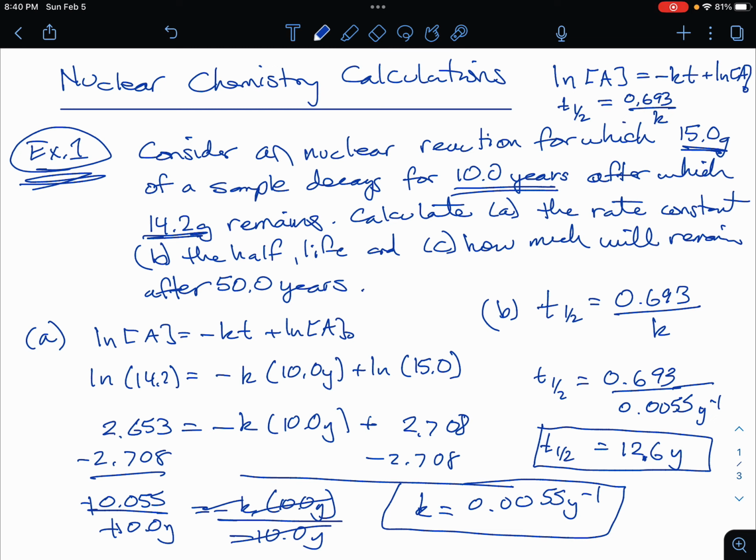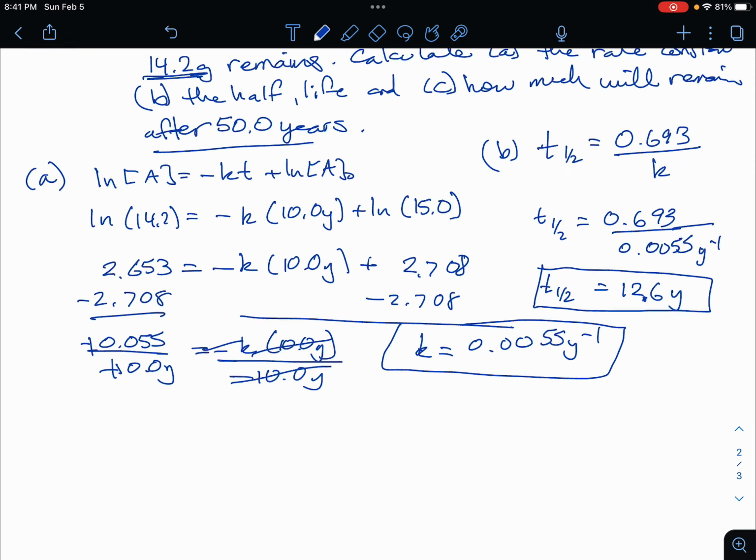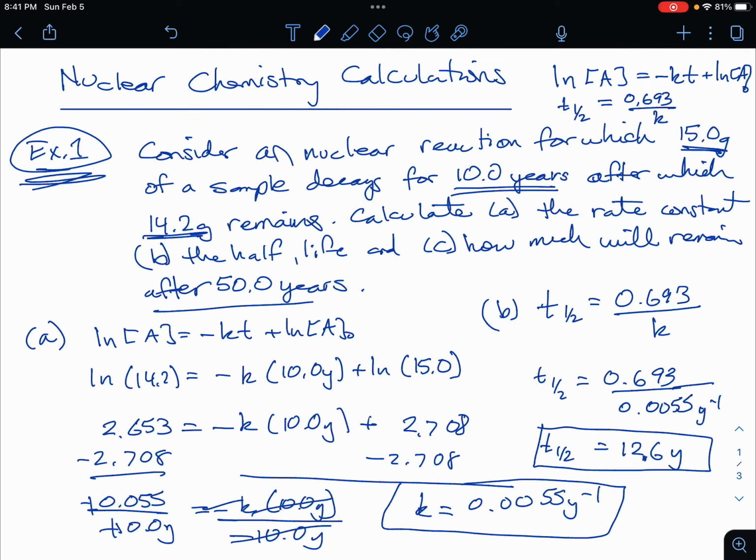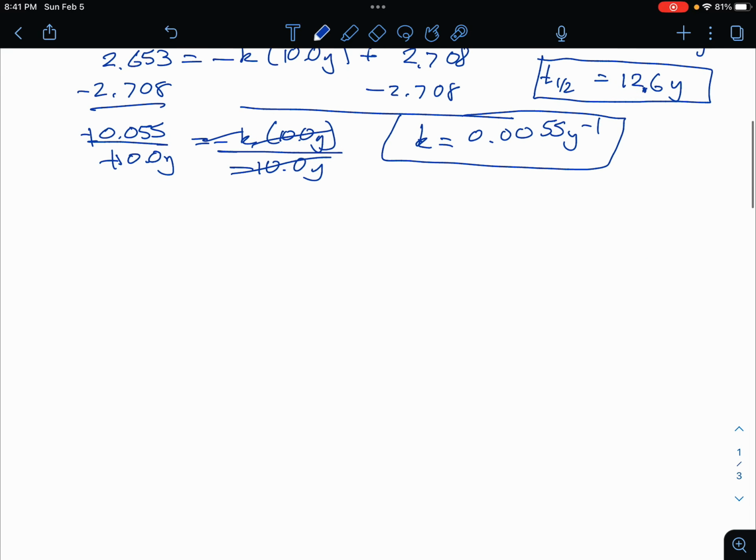The last thing we're asked for is how much will remain after 50 years. This just requires us to plug everything back into the calculation. For part C, we're going to do ln of A equals negative kt plus ln of A naught.